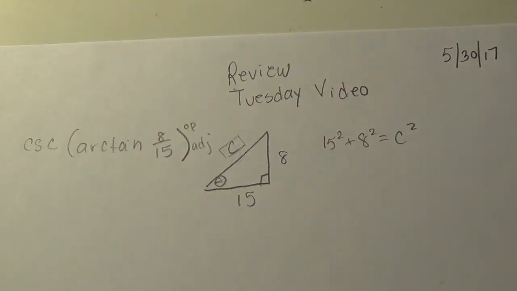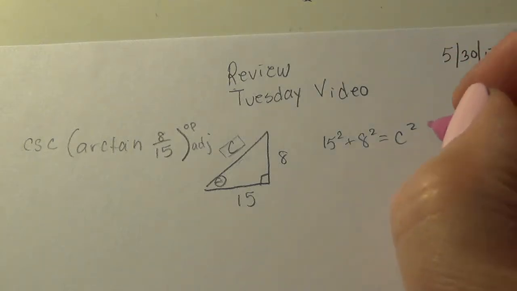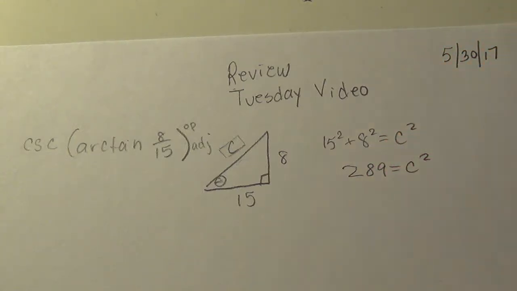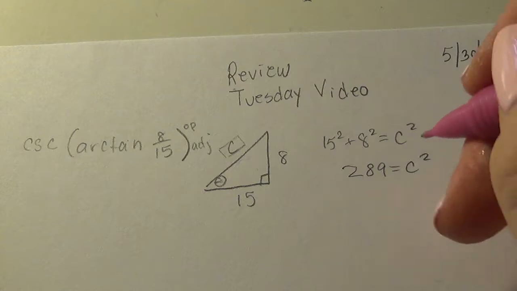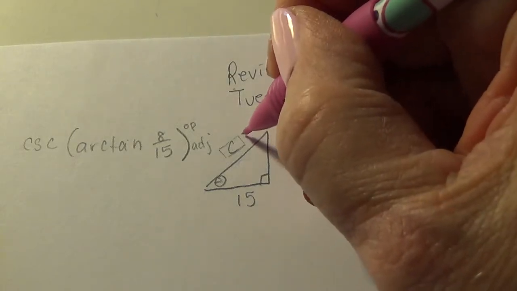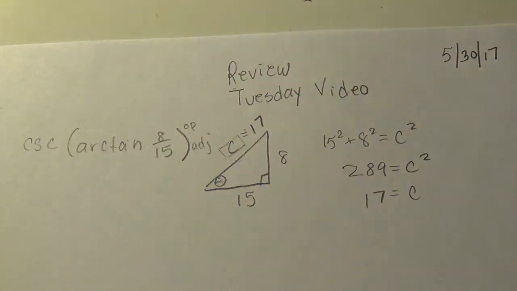So I'm going to calculate that real quick. 15 squared plus 8 squared equals 289. And the square root of 289 is 17. So it's nice it came out even. It won't always. Alright, so we know C is 17.